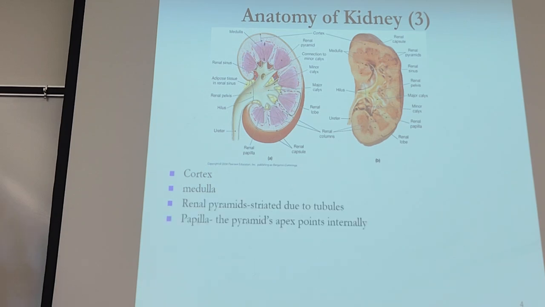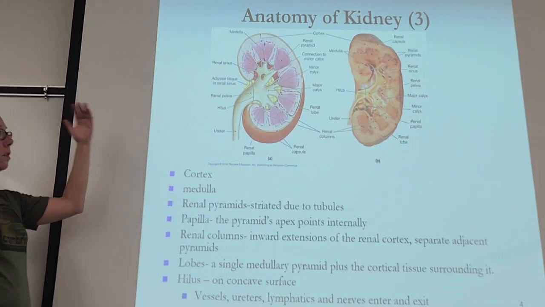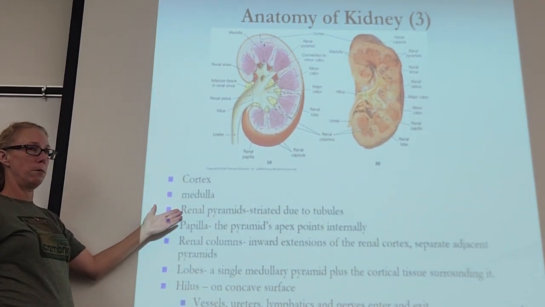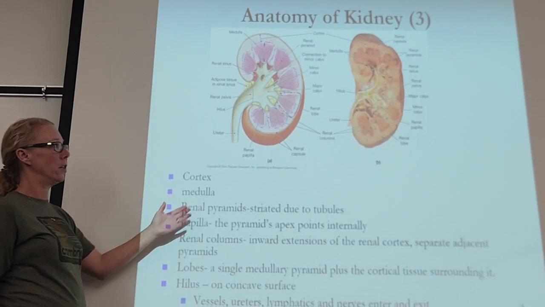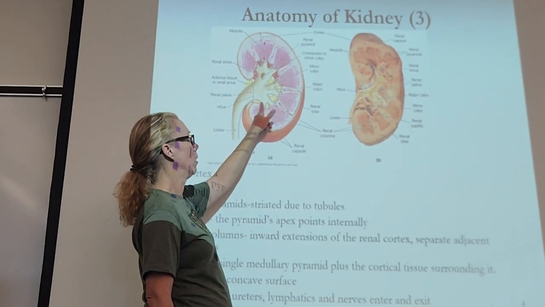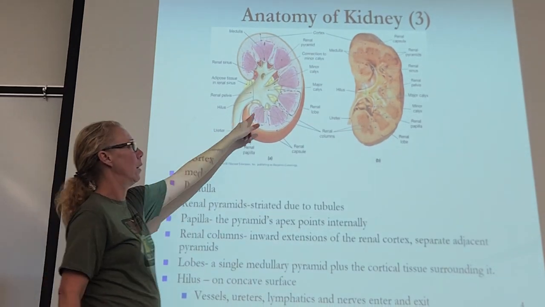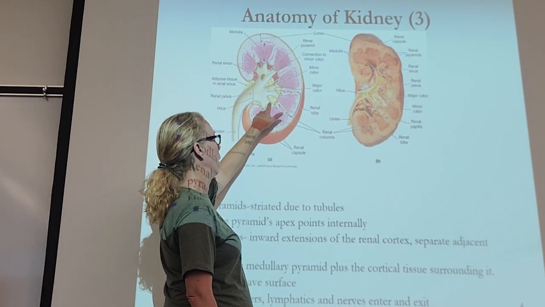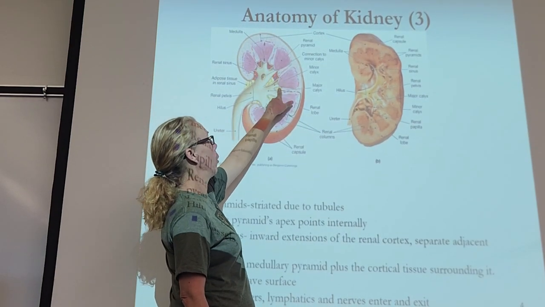So a lot of this is not new. Because it's a solid organ, we have an outer cortex and inner medulla. We know that the medulla makes structures called renal pyramids. The papilla are what the pyramids come to, medially on the organ, the little bumps. And then the papilla lead into these little channels called what? Minor calyces, or a minor calyx.